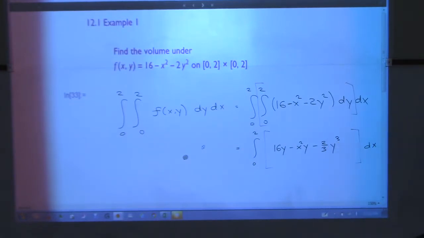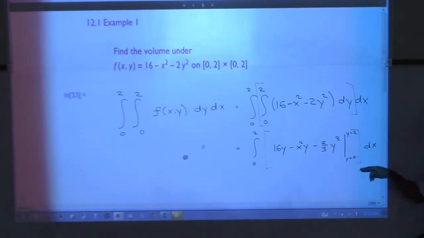So now, what do we do when we do definite integrals? We find the antiderivative and then we evaluate at the two endpoints. So we like to put this little evaluation bar here. And in this case, it's y is 0 and y is 2. Normally we would just put 0, 2, right?